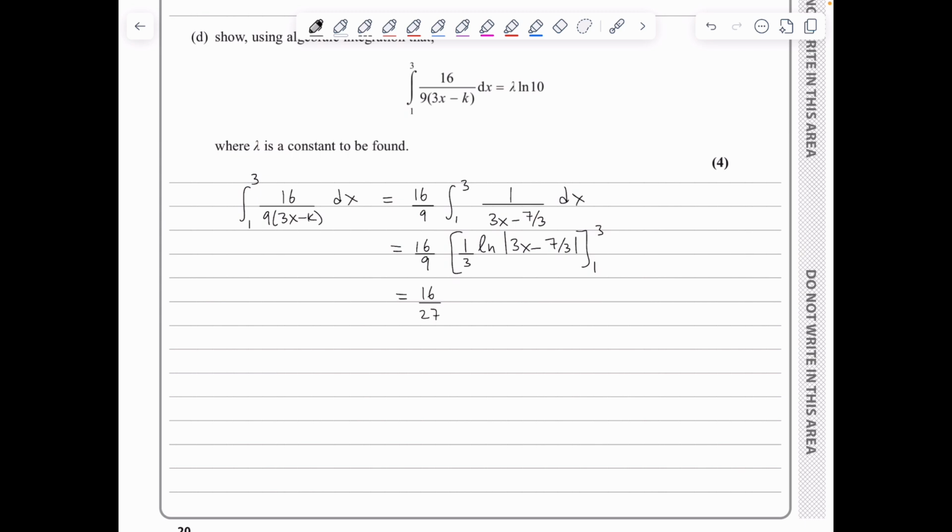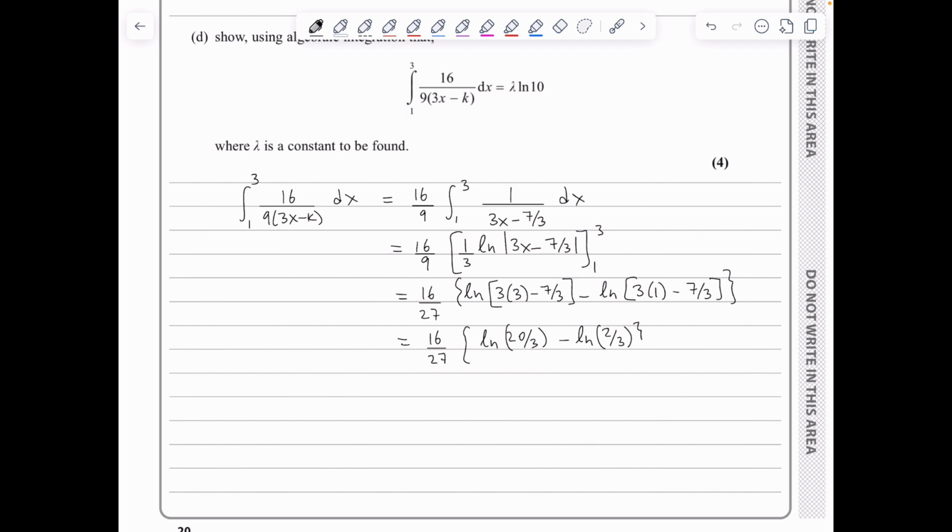And I will substitute the upper limit, which is 3. So we're looking at ln of (3 times 3 - 7/3) minus ln of (3 times 1 - 7/3). So I will evaluate this, which gives me 16/27 times (ln of 20/3 minus ln of 2/3).